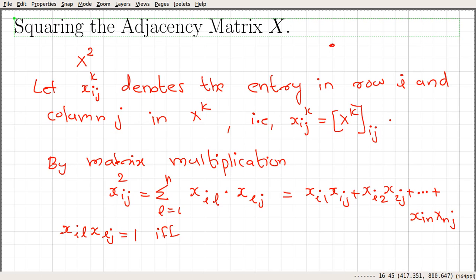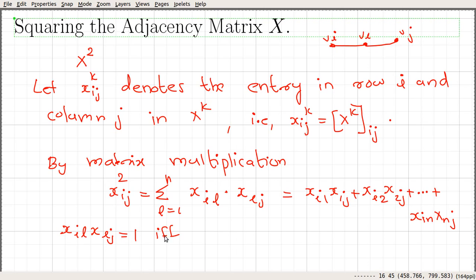We have vertex vi here, vertex vj here, and this L is an intermediate vertex. So this product will be equal to 1 if there is an edge between vi and vl and there is an edge between vl and vj. If there is no edge between vi and vl, then x_il will be equal to 0, or the other way, if there is no edge between vl and vj, then x_lj will be equal to 0. In either case, this product will be equal to 0.